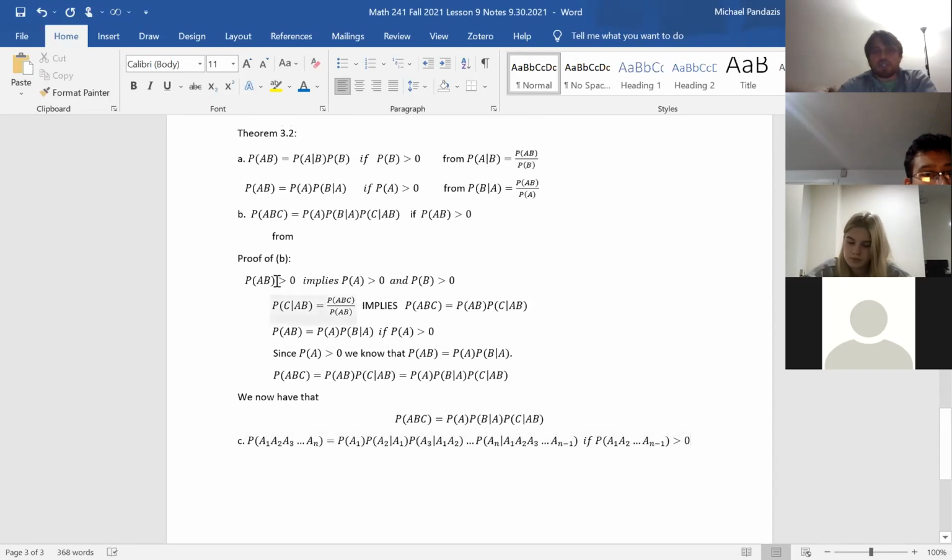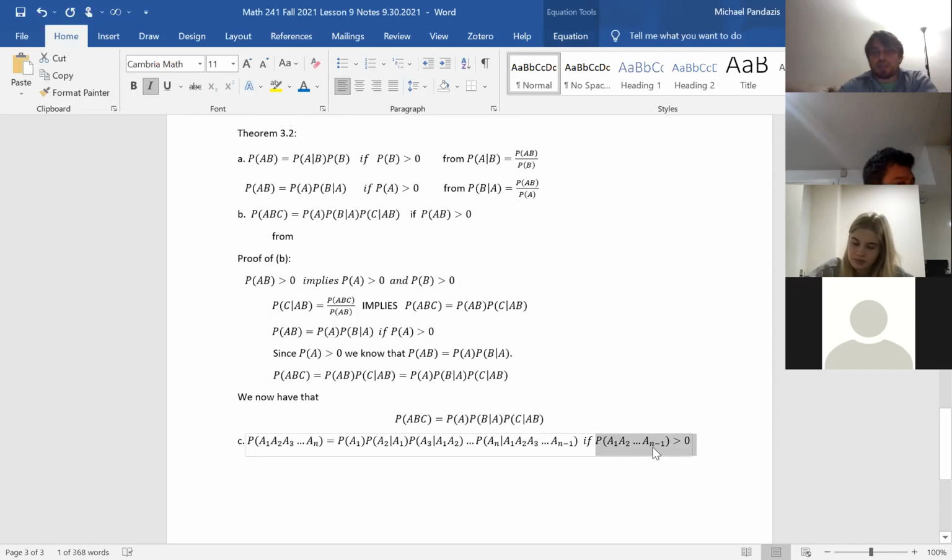Okay, so this proof is done very similar to the proof I have here of B. And assuming that this probability is positive is again telling you the probability of all of those events in the product is positive.